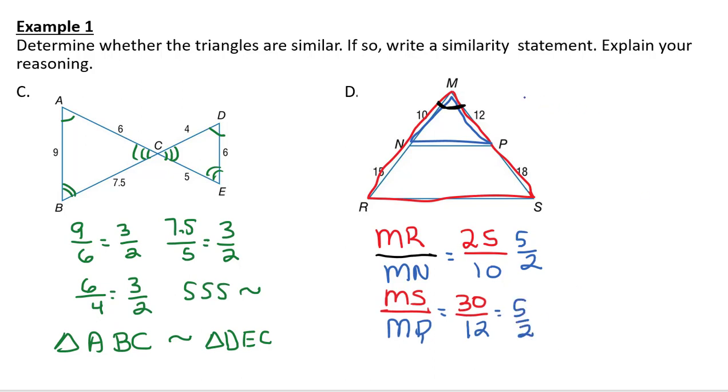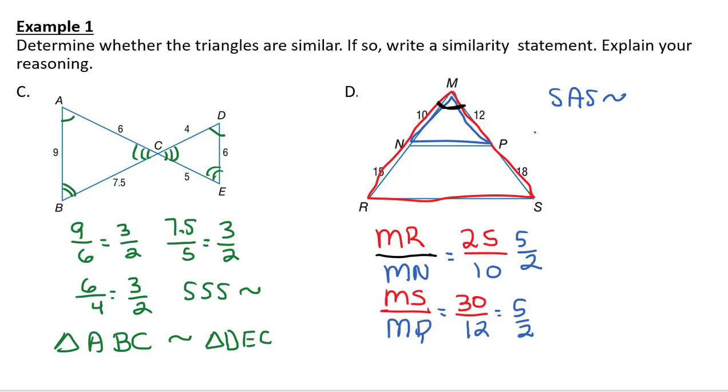So these triangles are similar by side, angle, side similarity, because my sides were proportional and the angle included between those sides was equal. So now I would need to write my similarity statement.